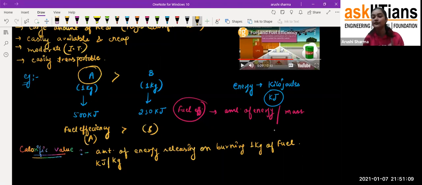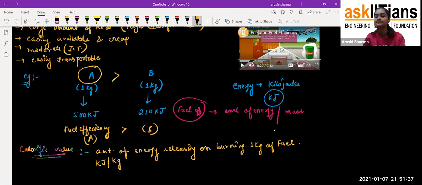Calorific value is decided when we take one kilogram of each fuel and see how much energy each gives on burning, and on that basis we decide which fuel has more fuel efficiency. That means which fuel can burn and give more heat easily.